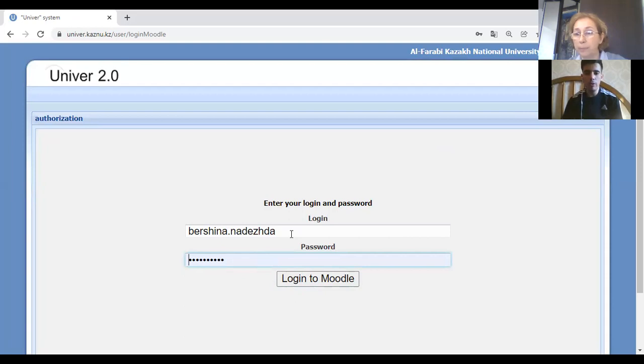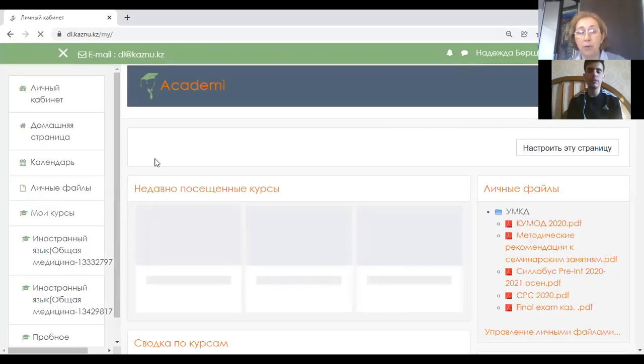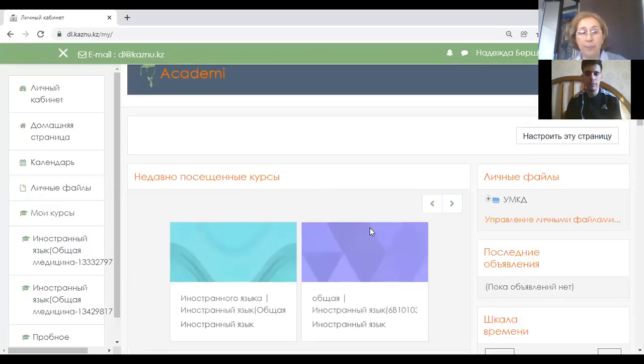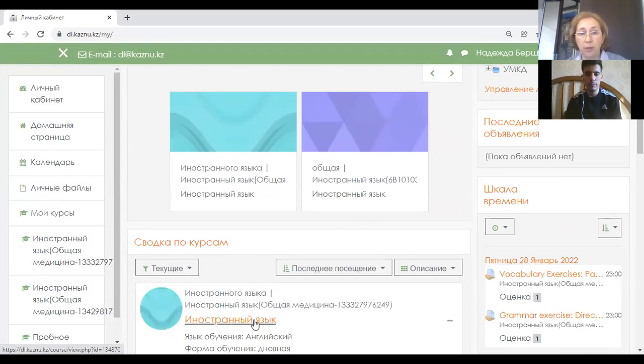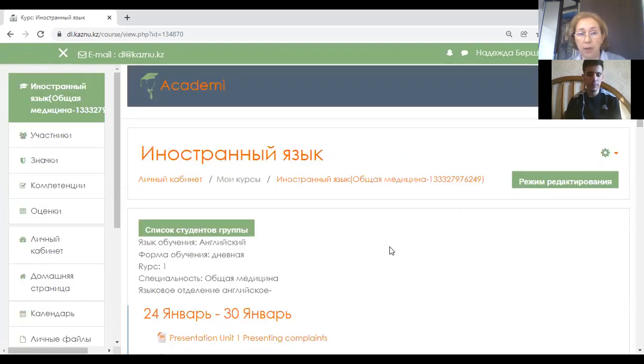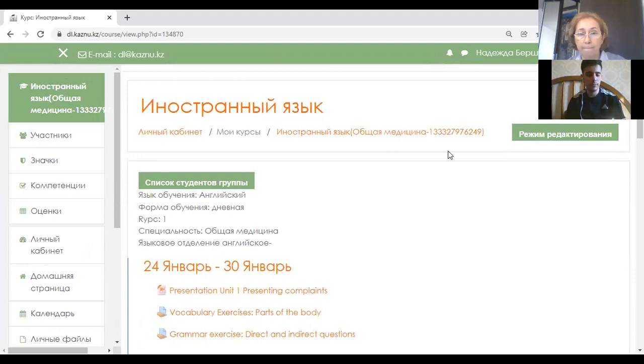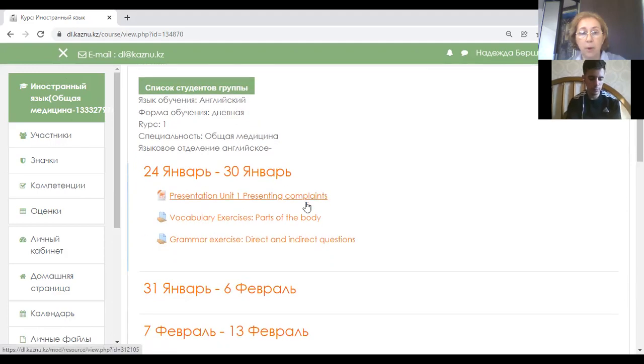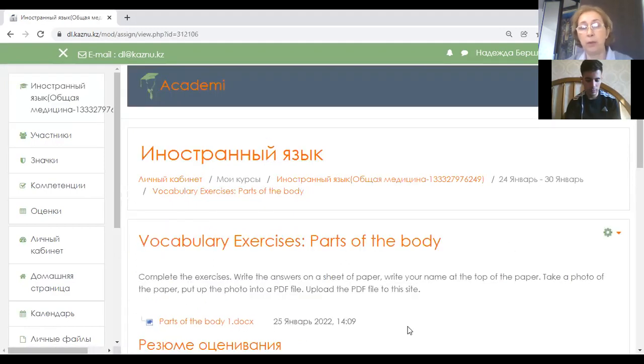Miss, we know those things, how to log in and how to open it, but how to attach the file when we open the site? Yes, how to attach file. So there should be some option which will allow you to attach file. If you click on the folder, for example, vocabulary exercise, there will be the option to attach file.